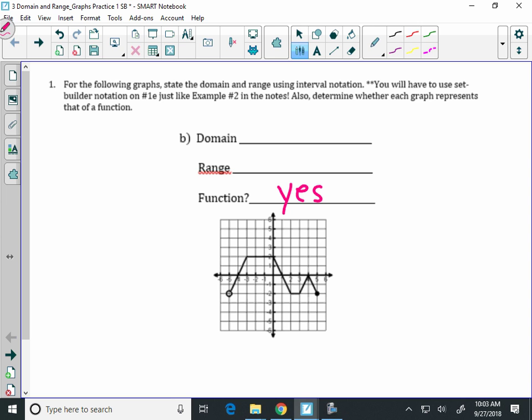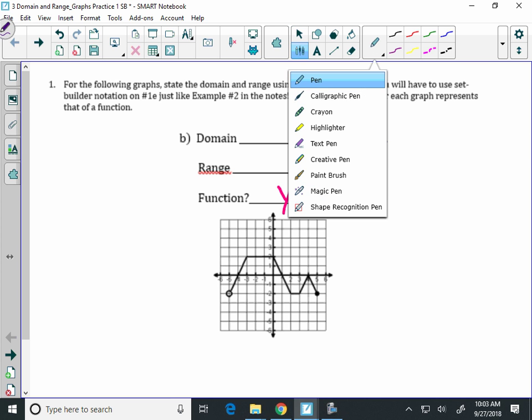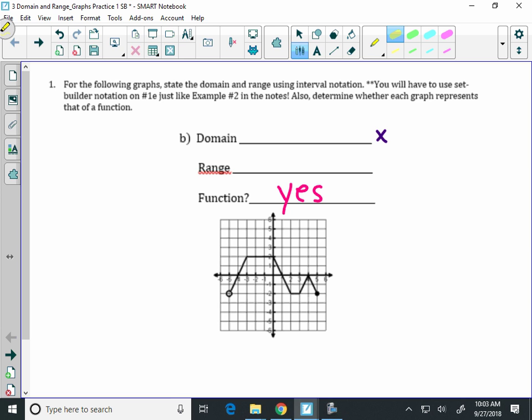Now, domain and range. Remember, your domain are all the x values on your graph, and x's go from left to right. So we need to find the x value that's farthest to the left on my graph and the x value that's farthest to the right.